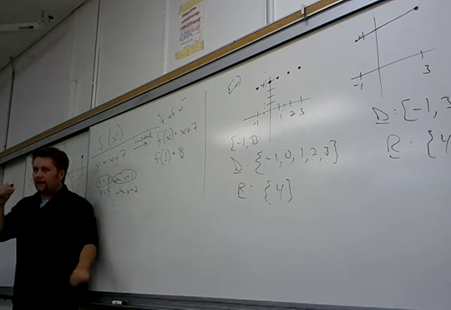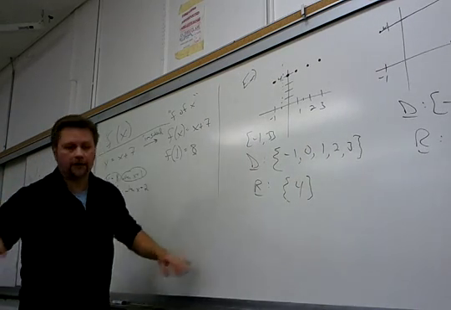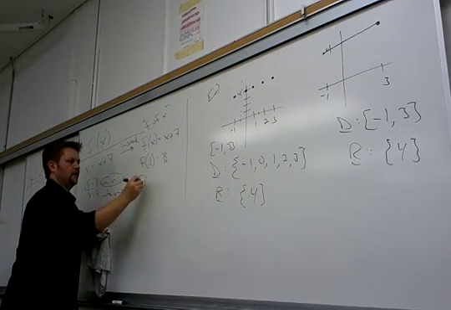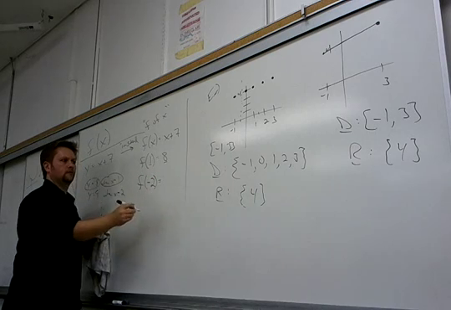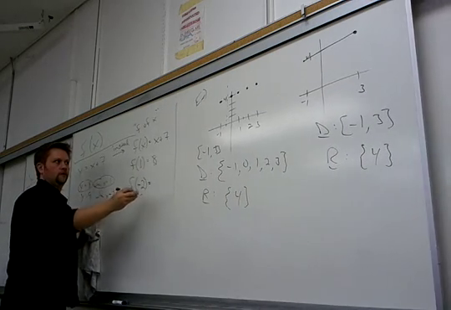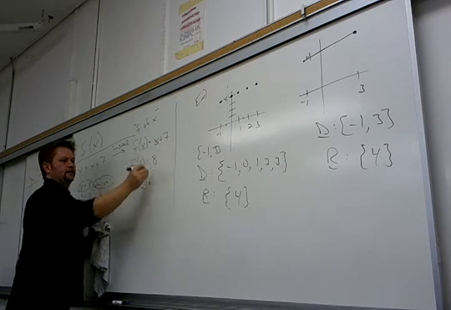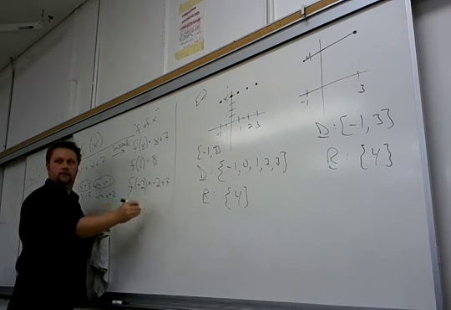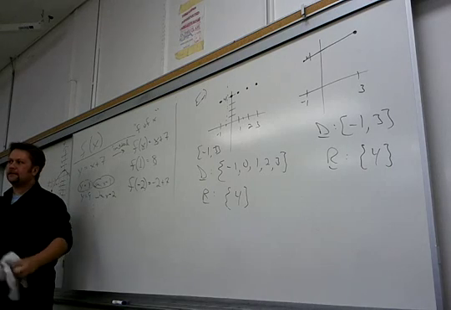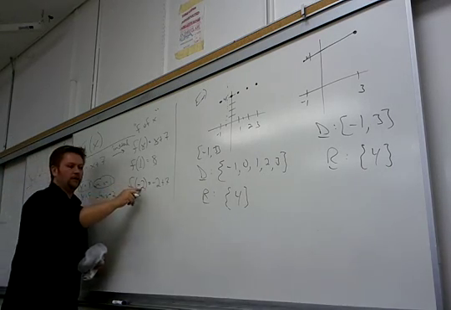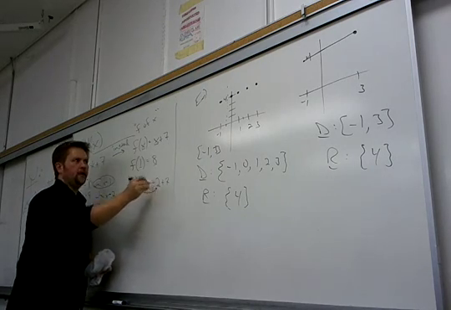The other piece of this that I can talk about right now, is everybody cool with this idea? What about f of -2? What did I make x? -2. And what does it do to x? It adds 7 to it. So you guys see the basic idea of functions is substitution. Whatever they put there, what am I going to do with it? Put it in for the x.